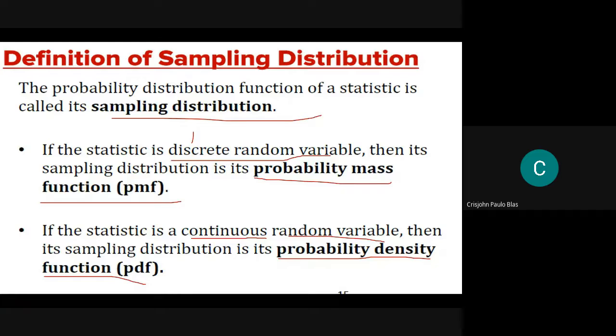Wag malilito: density PDF, mass PMF. Baka gawin nyo kasi diyan probability distribution function. Walang ganon. I mean, that is a general name, pero ang PDF is pertaining to probability density. Okay po. So, next.